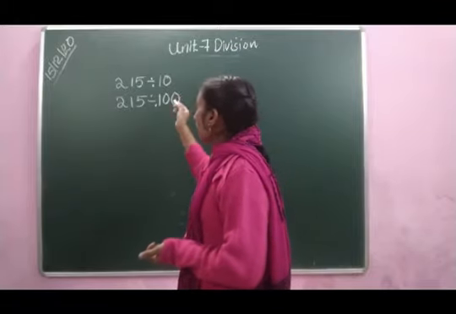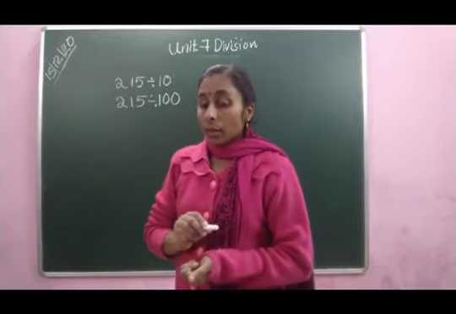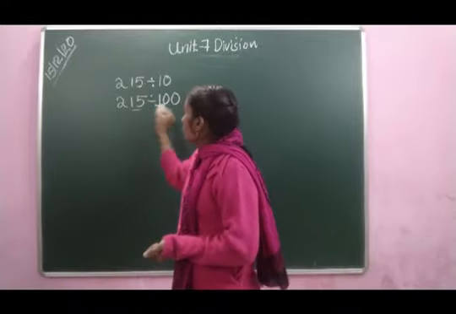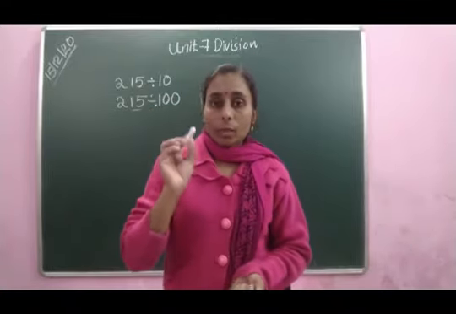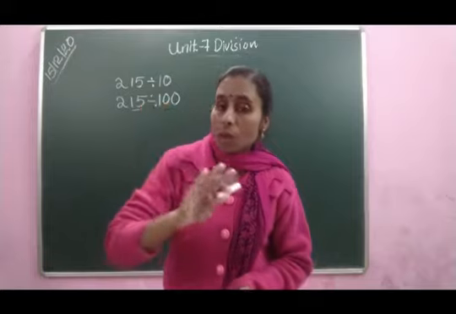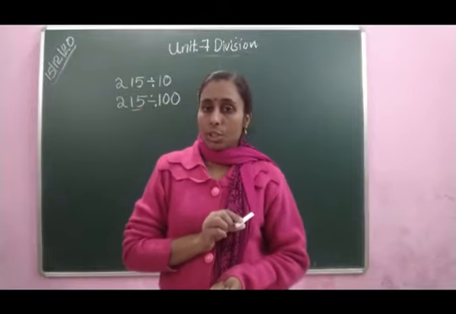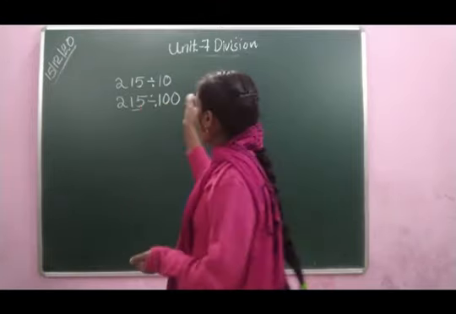And when we divide a number by 100, the last two digits change into the remainder and the rest of the number changes into the quotient. Okay, let's see how it works.